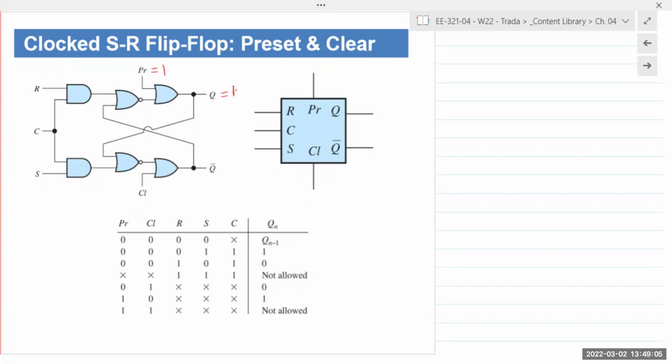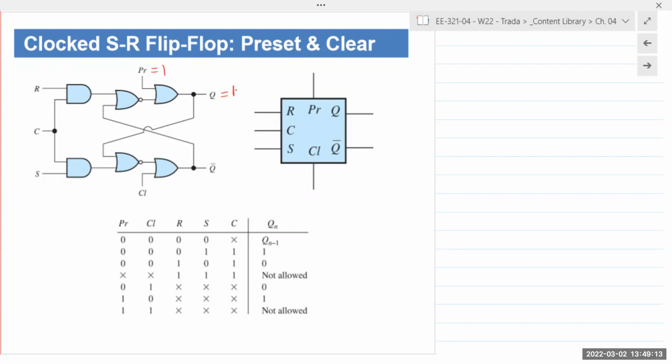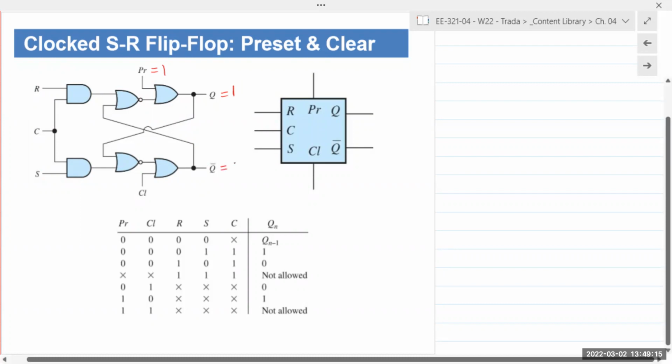Now, clear, CL, basically clears out the output. If Q is equal to 1, Q naught is going to be 0. And if this goes high, then Q naught goes high, and if Q naught is 1, Q goes to 0.